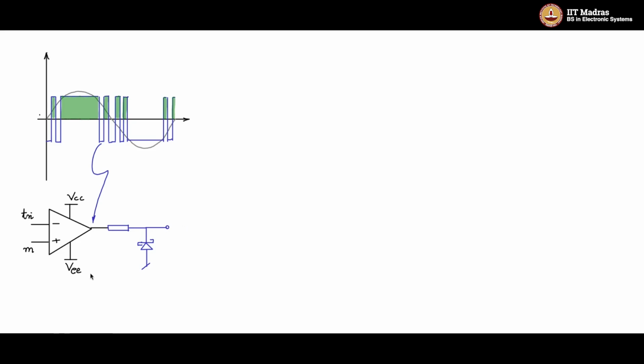Whenever this goes negative, the diode is forward biased, because when the output is negative, this is more positive than that, and then the diode will turn on and clamp the output to 0, and there will be a current flow through this op-amp.